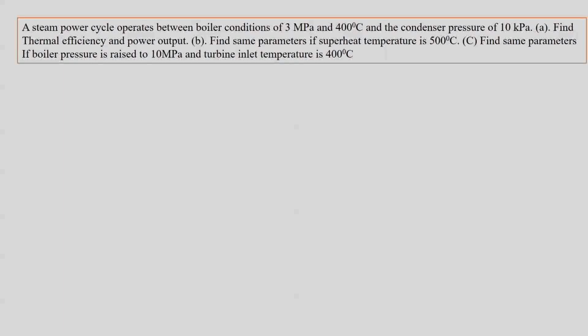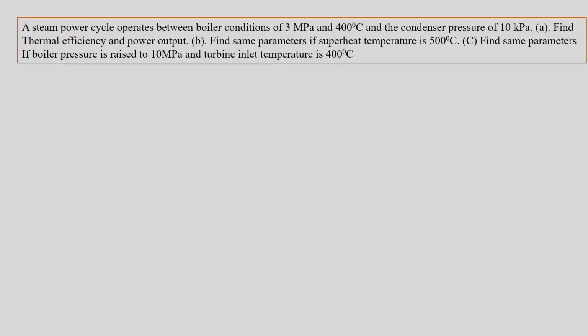We will go ahead with the next example, and it states that a steam power plant operates between the boiler condition of 3 megapascal and 400 degrees Celsius and condenser condition of 10 kilopascal. Find thermal efficiency and power output.